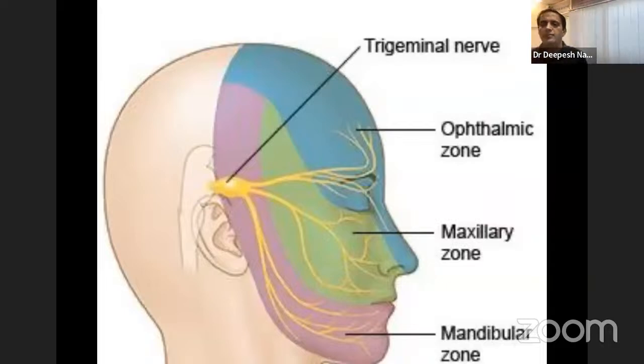In trigeminal nerve pain, we see the ophthalmic zone pain and maxillary zone pain. These both zones are very prone to light sensitivity. These both zones are very prone to the basic exposure of the face area. And the third one is the chew area, or we can say the TMJ area, supplied commonly.